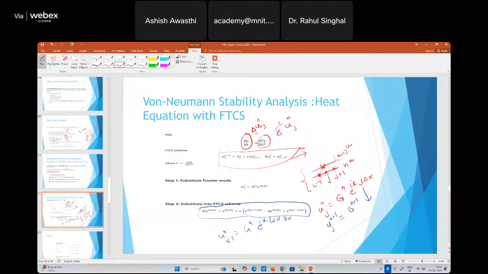Nothing, we directly try to write it. And what about r? Can you write what r is? r is delta t by delta x square, because you know that this r comes from the discretization.